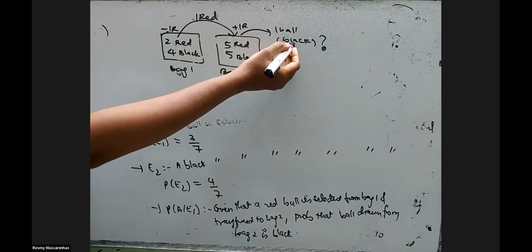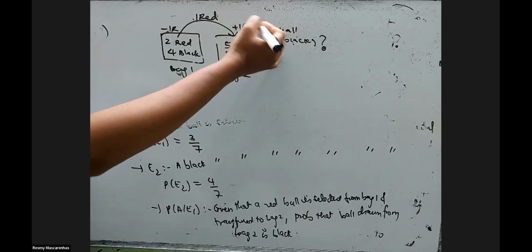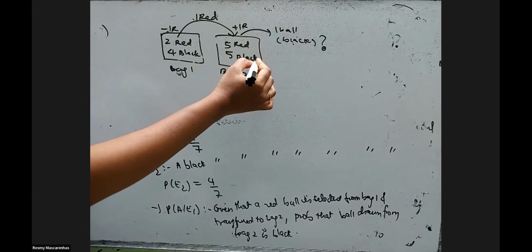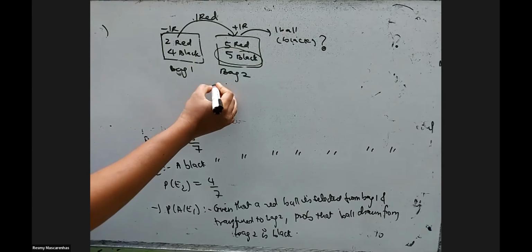But the chances asked a black ball when the red was transferred. How many options you have for black? 5.